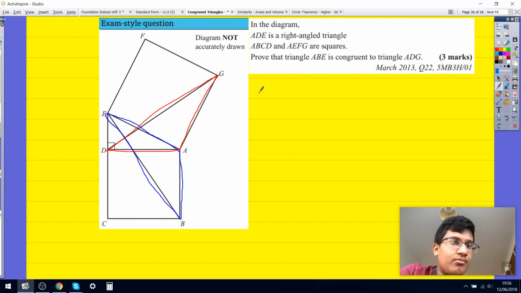Or is it possible that they have a shared angle or something like that? It looks like it could be. There's an obtuse angle in that angle. Not necessarily.